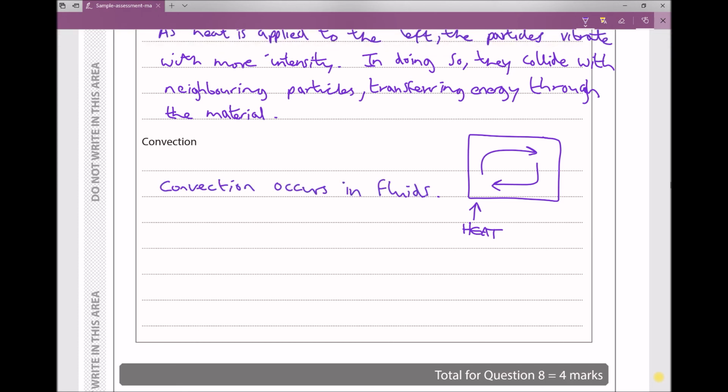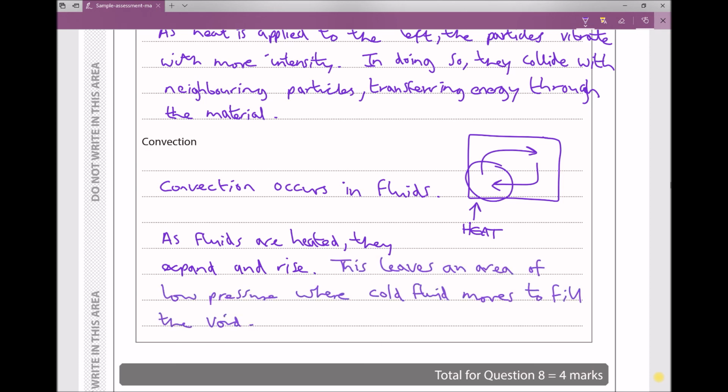I would then go on to say that as fluids are heated, they expand and rise. I would then finish by saying this leaves an area of low pressure where colder fluid moves to fill the void. And as I've got my diagram, I would probably finish by saying something like this causes the fluid to circulate as shown in the diagram.